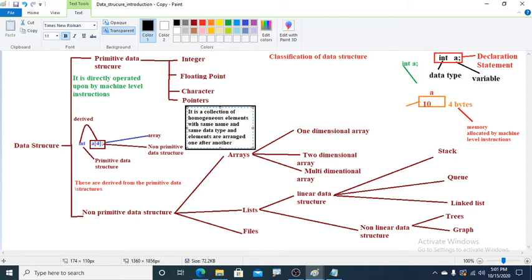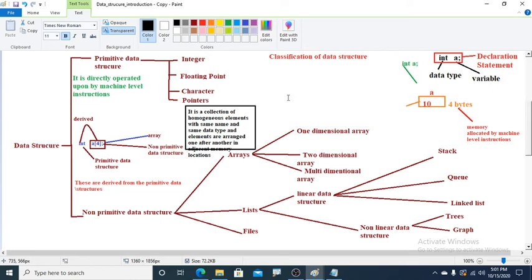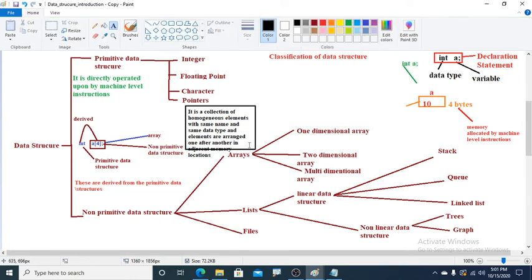How will they be arranged? In adjacent memory locations. So this is the explanation about an array. It is a collection of homogeneous elements with the same name and the same data type, and the elements are one after the another in adjacent memory locations.